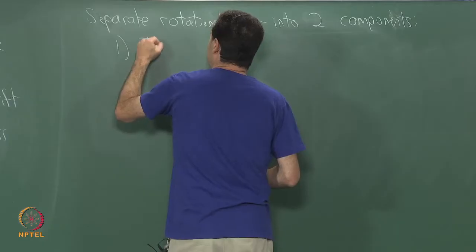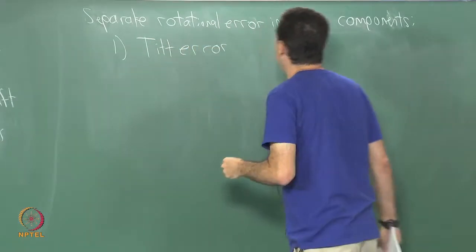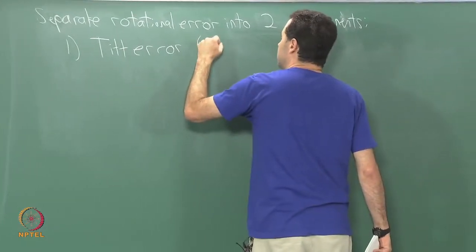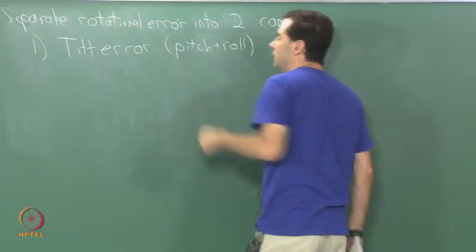One is called tilt error, and this can be viewed as a combination of pitch plus roll, right, tilt error.